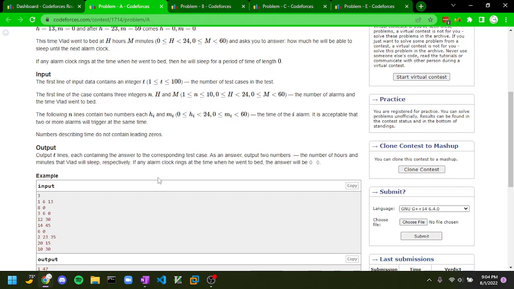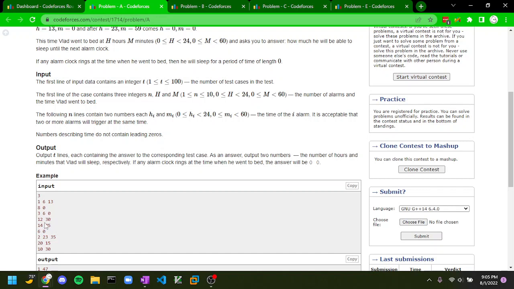And once you look at the pattern and the problem statement a couple times, you'll start to realize that all you need to do is find the minimum distance between the alarm bells and when Vlad sleeps. And when I say distance, I mean this number subtracted from this number, and this number subtracted from this, whichever is closest to 0.